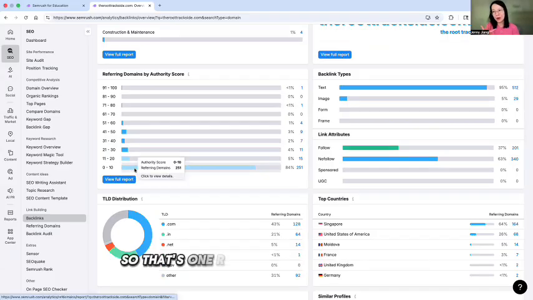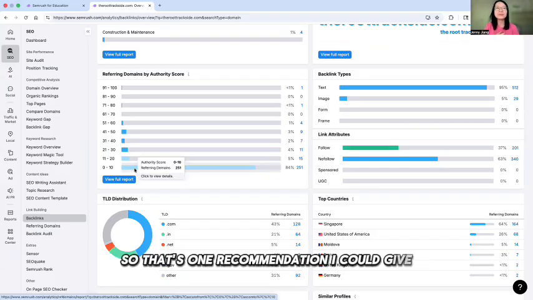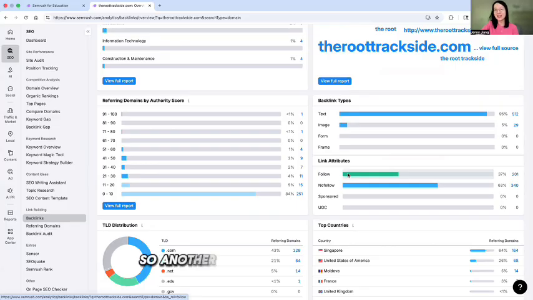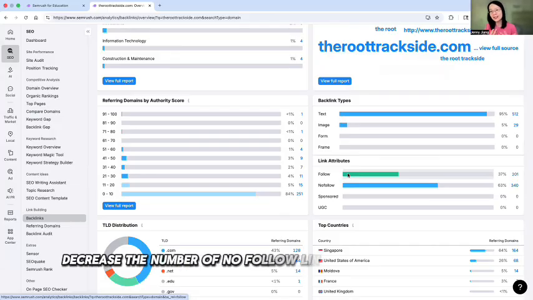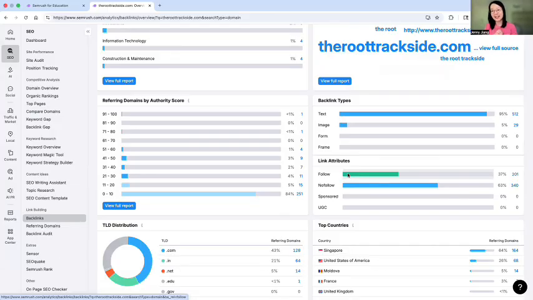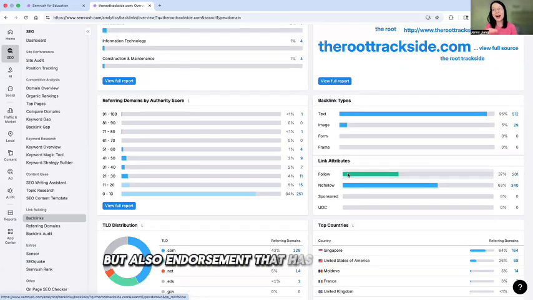So that's one recommendation I could give. Another recommendation could be to increase the number of follow links and decrease the number of no follow links, because follow links represent not only a mention but also an endorsement that has higher SEO value.